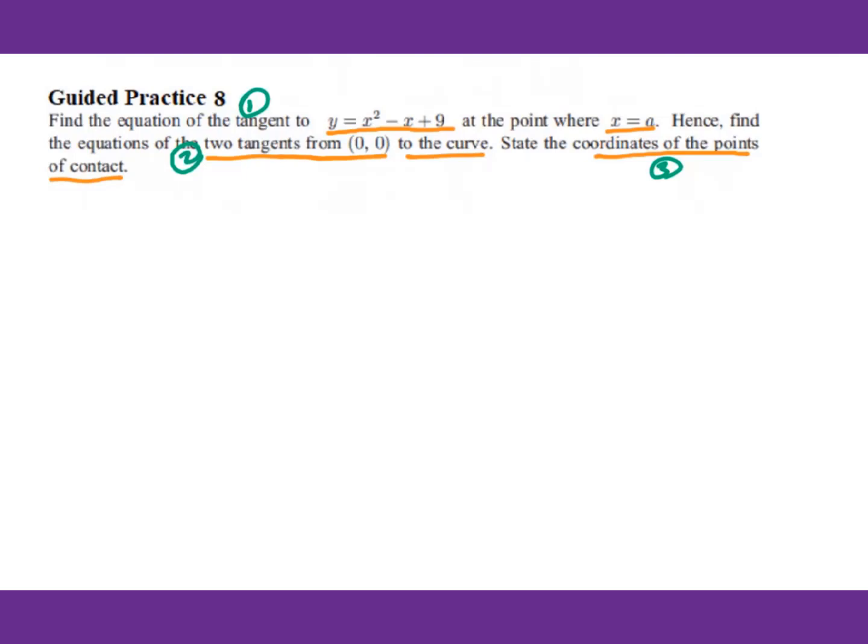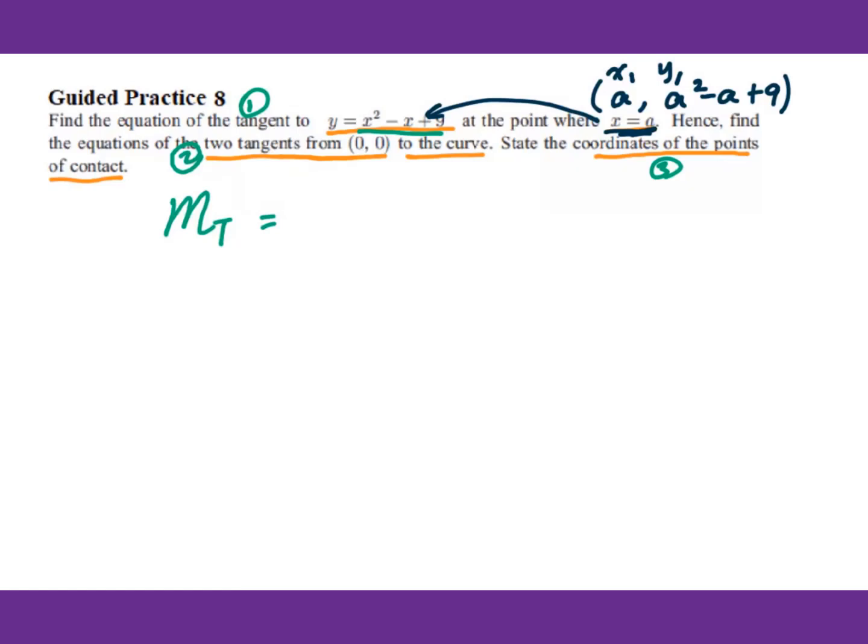If we are given x equals a, that will be your x1, that's a. You will get the y1 by plugging into this formula. That is a squared minus a plus 9. Then for the slope of a tangent line, we take the derivative of this function. You will get 2x minus 1. So the slope of the tangent line at x equals a is 2a minus 1.